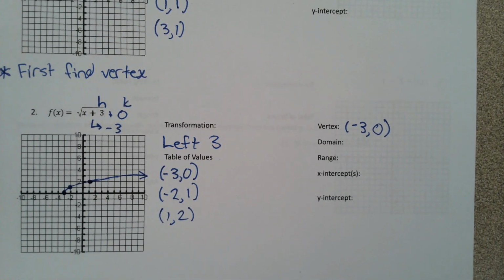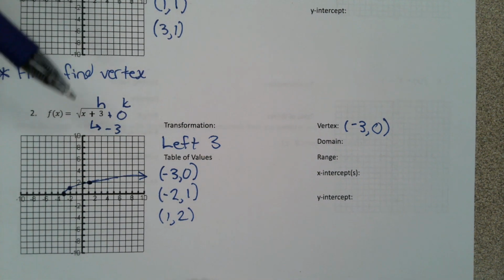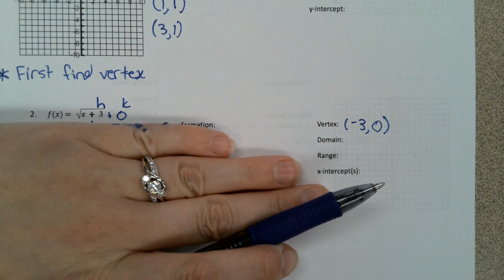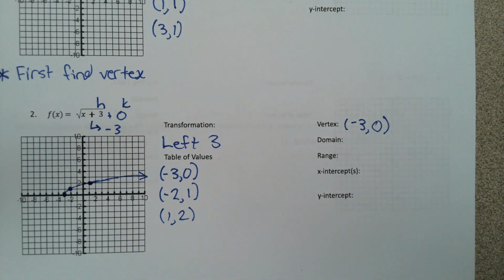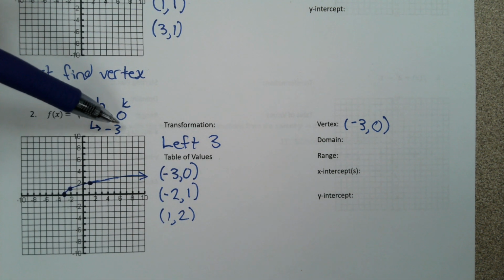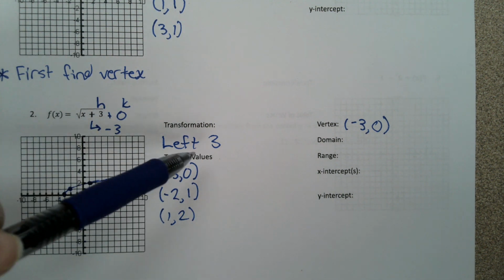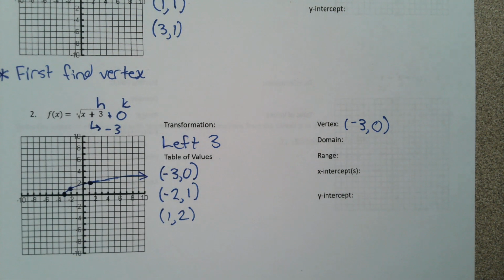And again, this little vertex trick is directly related to the transformation. So without changing the +3, you would assume that is our right 3. But mentally, we change this to a -3 for the vertex, and that also means we're moving it left 3. Minus is a left movement, so that makes sense.